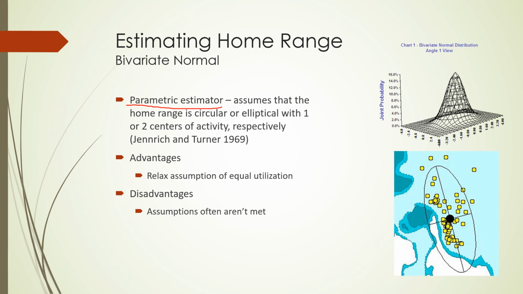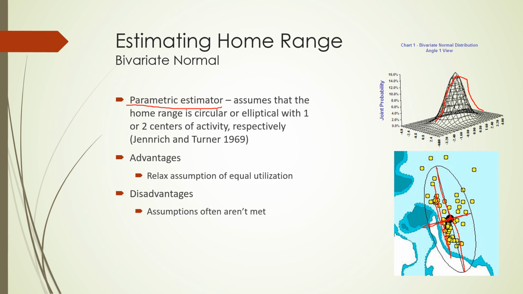And basically what you do here is you say, okay, here's the mean centroid of the locations in 2 dimensions. So we'll just assume that like a normal distribution, we have a mean and a variance around that distribution in 1 dimension. And then we'll use that to define a normal curve, say in the north-south direction here. And we can do the same thing in the east-west direction.